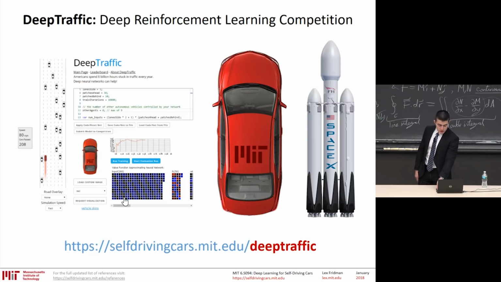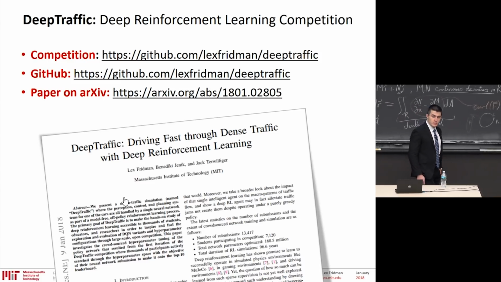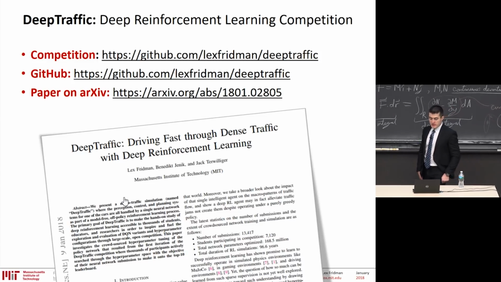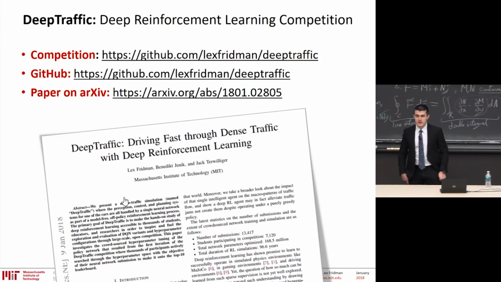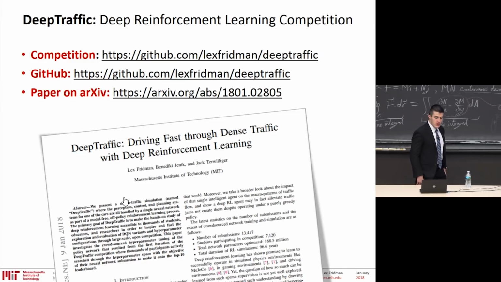The competition is hosted on the website selfdrivingcars.mit.edu/deeptraffic. We'll return to this later. The code is on GitHub with some more information, a starter code, and a paper on arXiv describing some of the fundamental insights that will help you win at this competition.